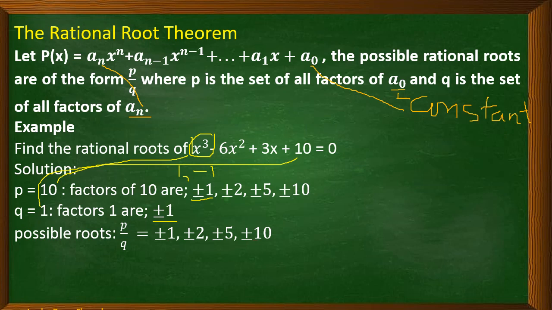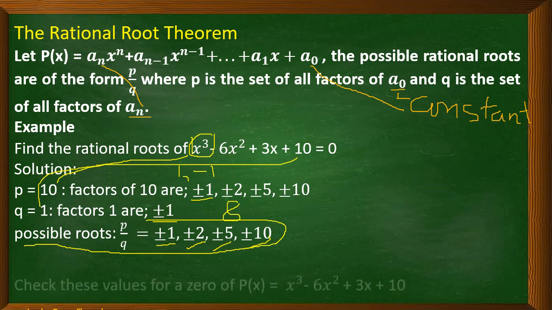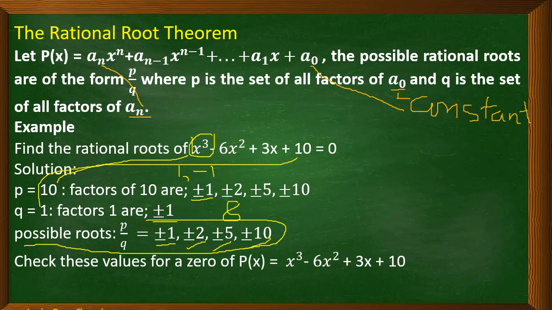So these are our possible roots. All in all, how many possible roots do we have? Here we have 2, 4, 6, 8. So we have 8 possible roots. Next, we have to check these values for 0 in our given equation.